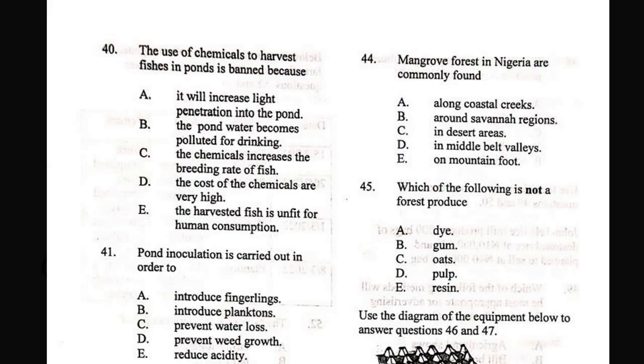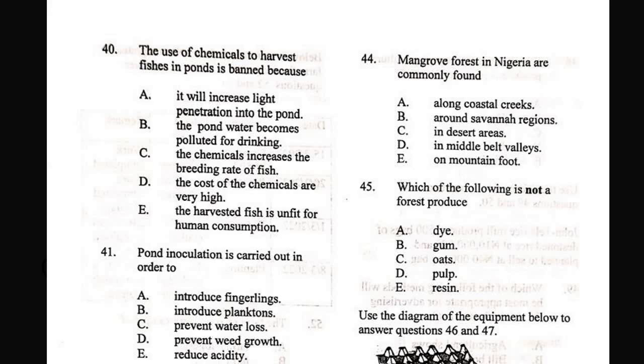Alright, question 40 says, the use of chemicals to harvest fishes in ponds is banned because of what? A, it will increase light penetration into the pond. B, the pond water becomes polluted for drinking. C, the chemicals increase the breeding rate of fish. D, the cost of the chemicals is very high.